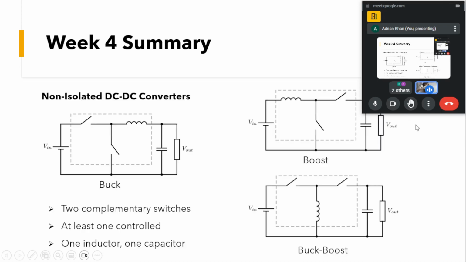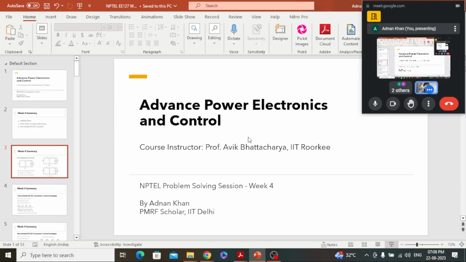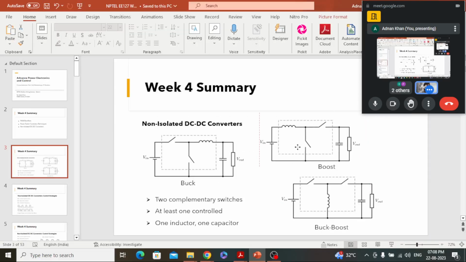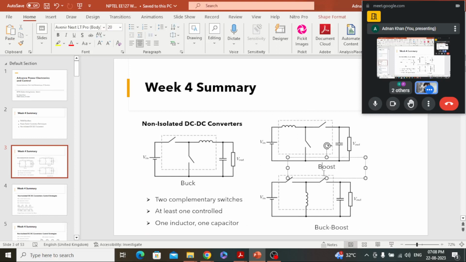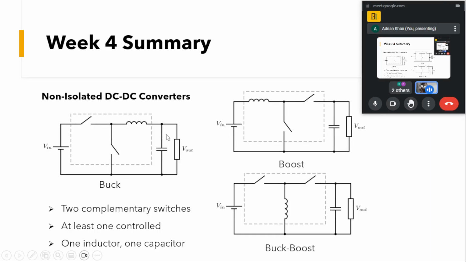So as you can see, coming to the non-isolated DC-DC converters, there are three main and basic topologies that I'll be discussing.